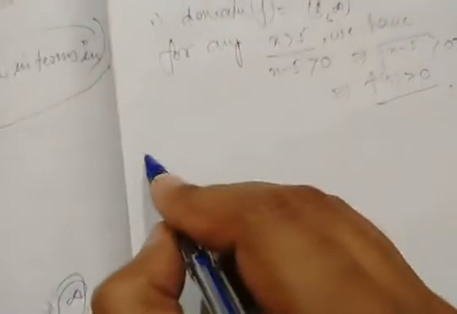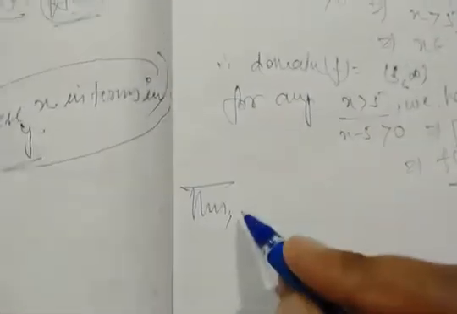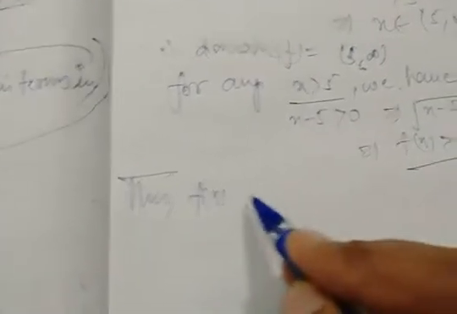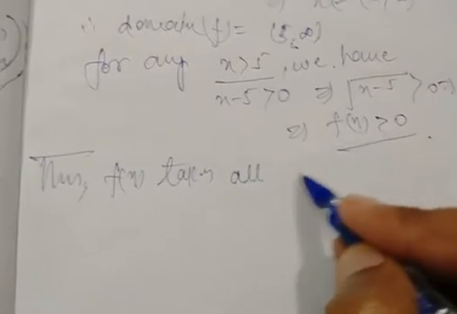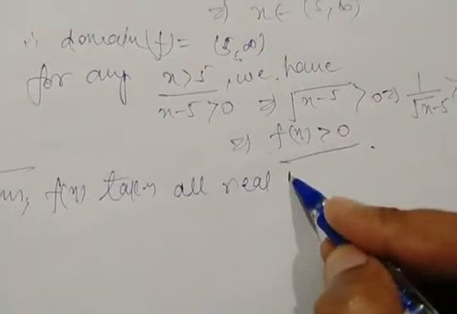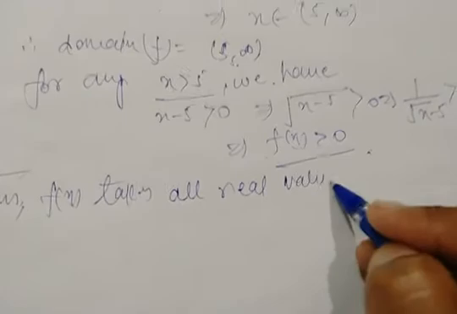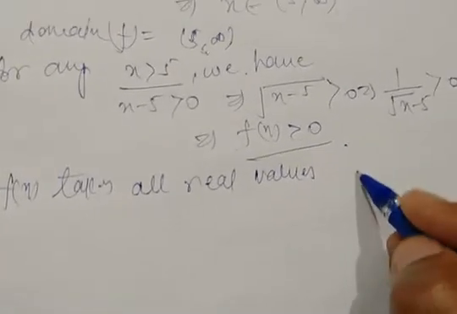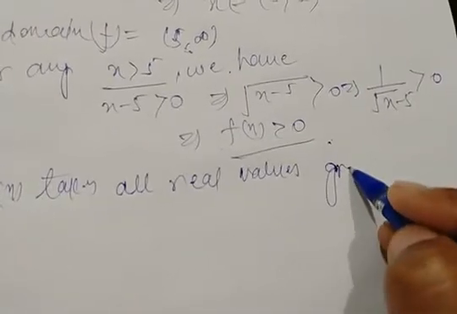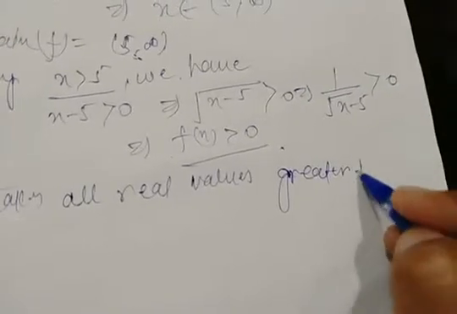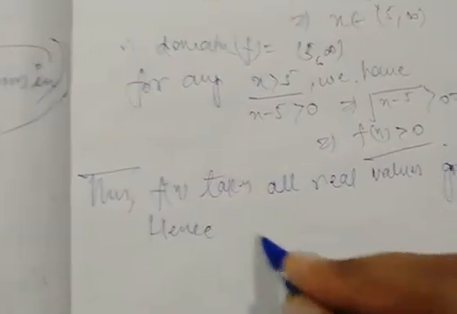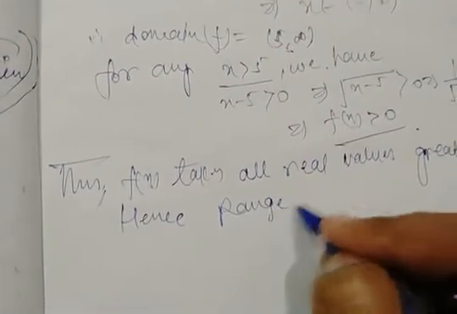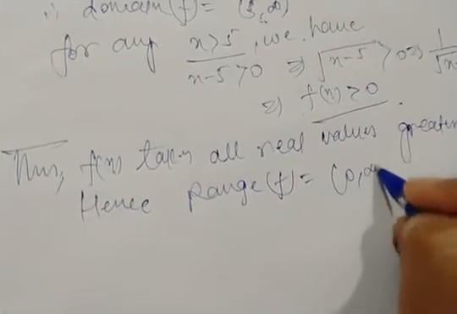Thus f of x takes all real values greater than 0, hence the range of the given function is 0 to infinity.